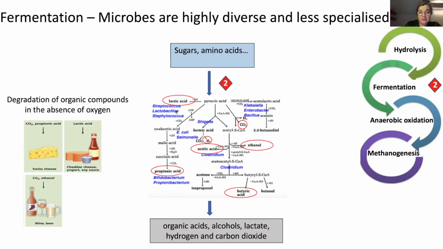Here, for example, lactobacillus produce lactic acid, but also acetic acid. You have bacillus, which produce butanediol, and they can produce ethanol, propionic acid, butyric acid. So here is a lot of activity and a very diverse metabolism behind. And from sugars and amino acids, they produce these different kinds of organic acids, alcohols, lactate, but also hydrogen and carbon dioxide.